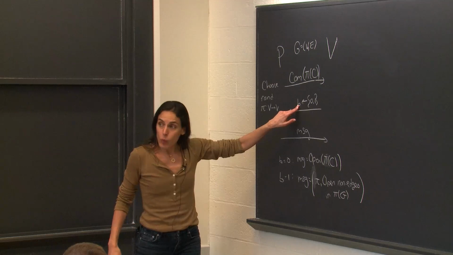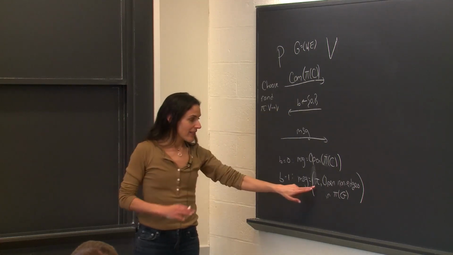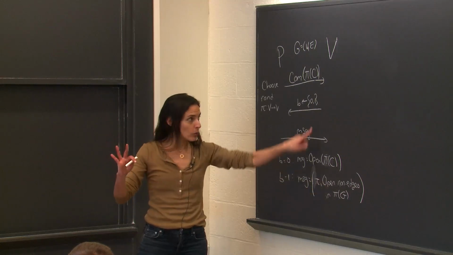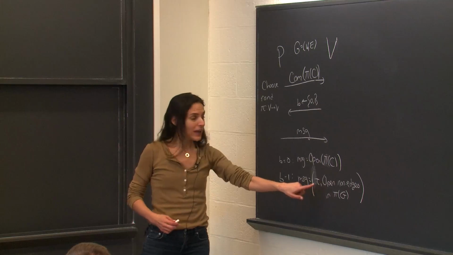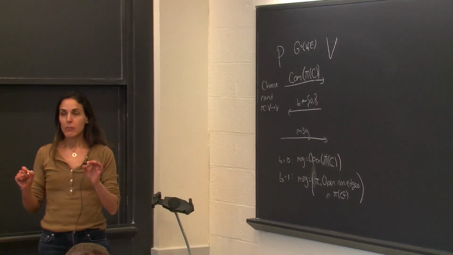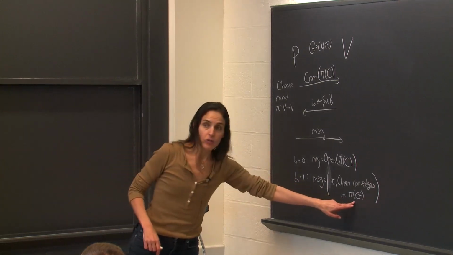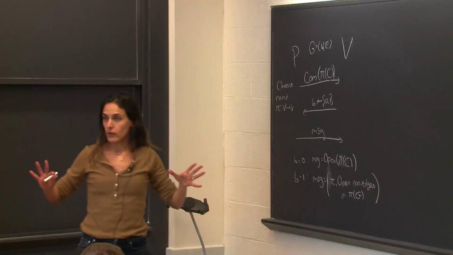So if b is 1, you give the permutation, you do not give the permuted cycle, otherwise it will give information. You only give the permutation, and you open only non-edges in pi of G. So now you know everywhere in pi of G that there's no edge.